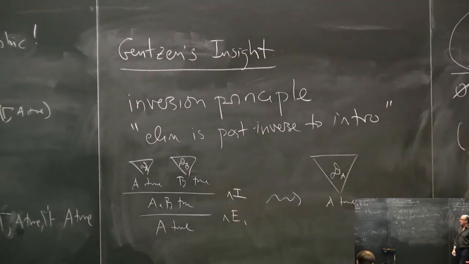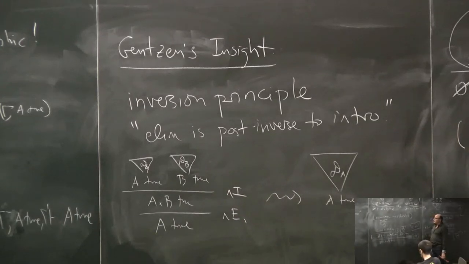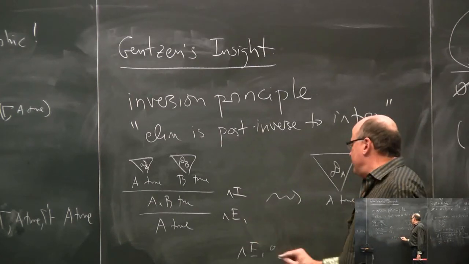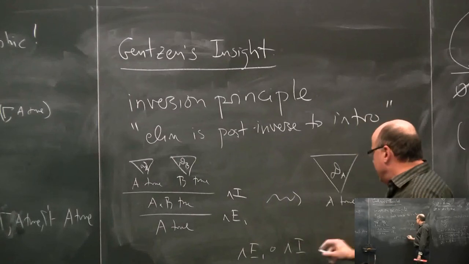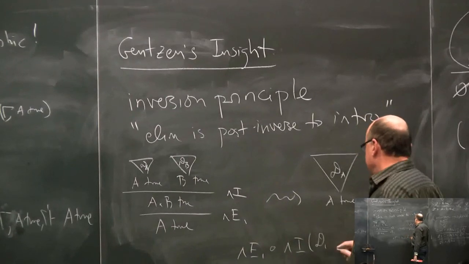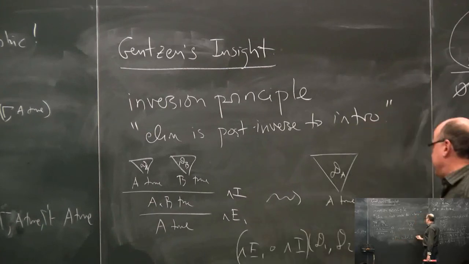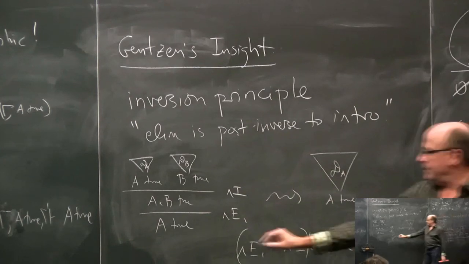Because all you cared about was A after all. So what we're kind of saying here is and-elim left composed with and-introduction of something like D1 and D2 should be equal to, in some sense, D1. And now I'm going to make that idea precise. But this is the informal idea.